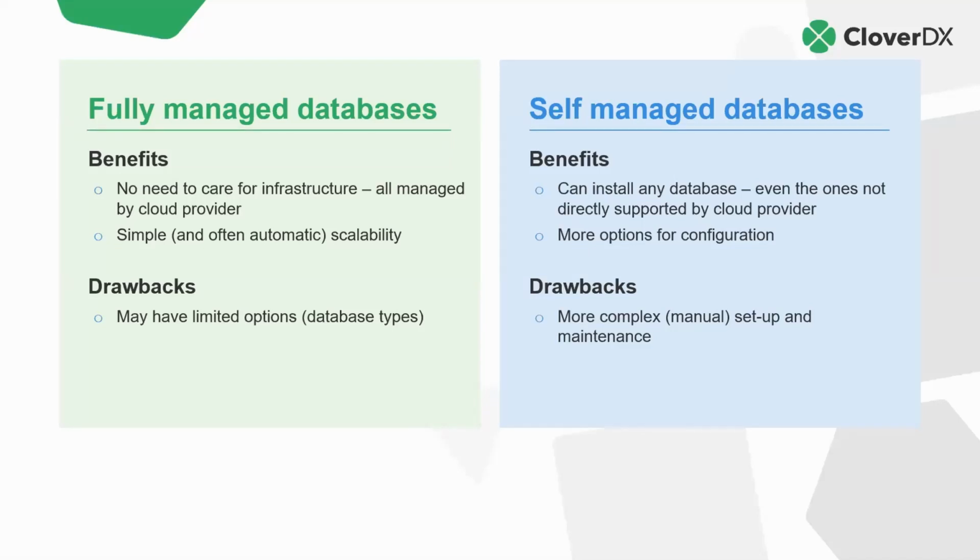The fully managed is something like Amazon RDS or similar, where basically the cloud provider takes care of everything for you. So you just select the type of database that you want. For example, that you want a Postgres instance, you select the size, and a couple minutes later, a couple seconds later, you'll get your instance ready. You'll get a URL that you can talk to, and everything is managed for you.